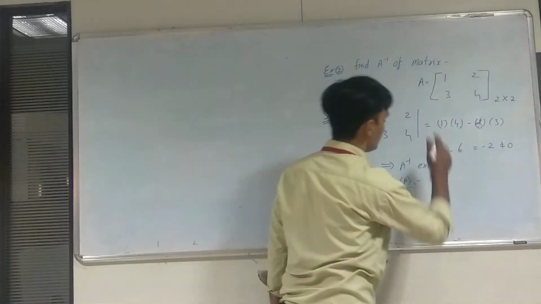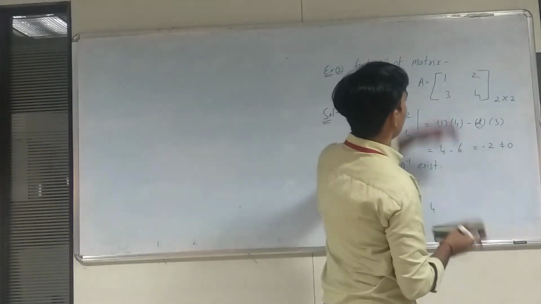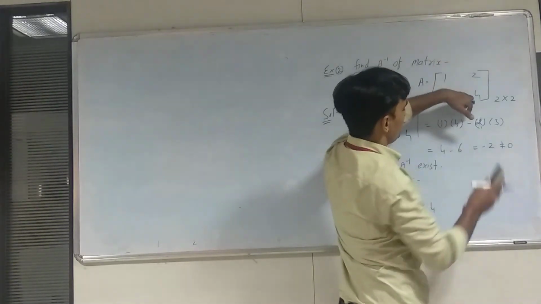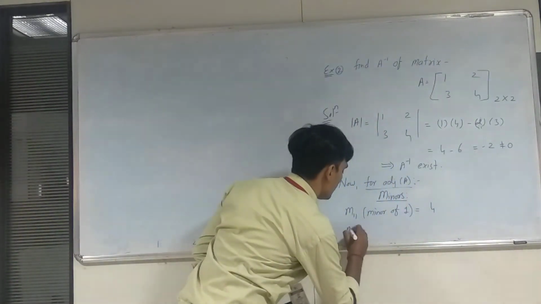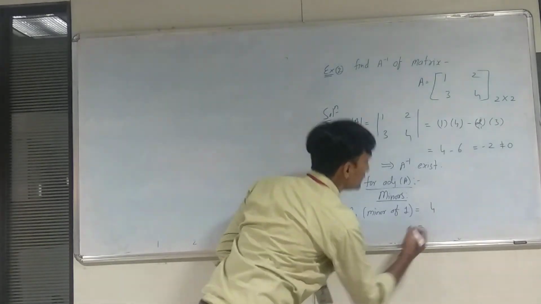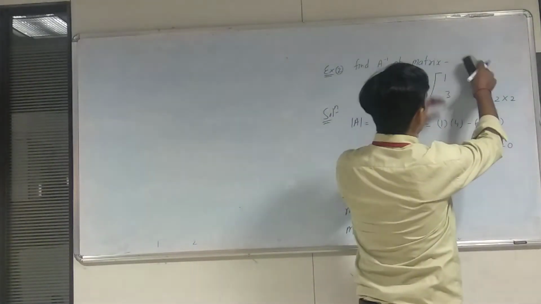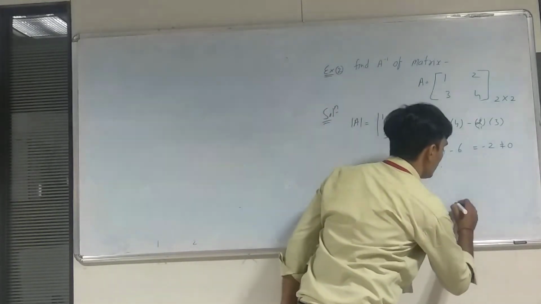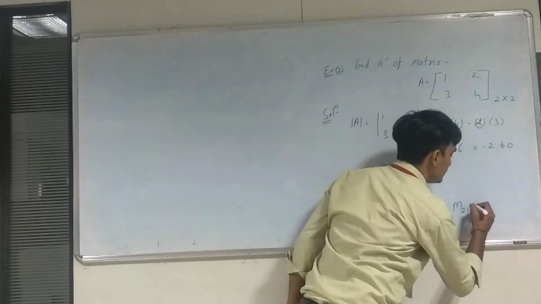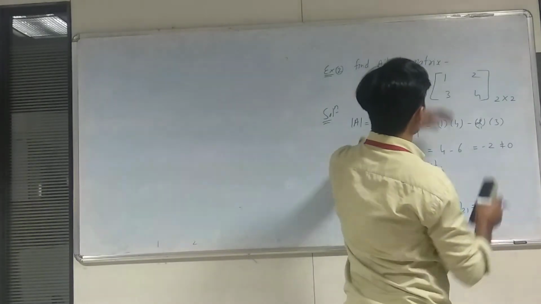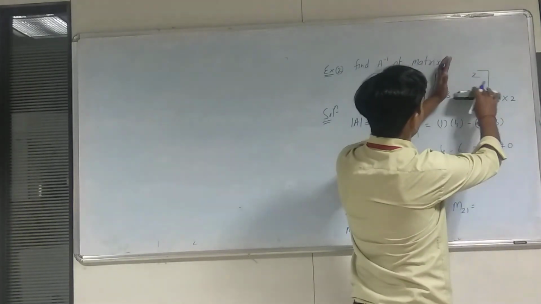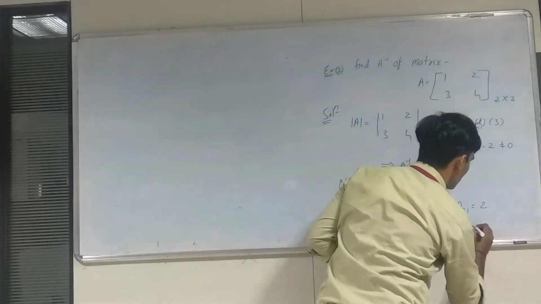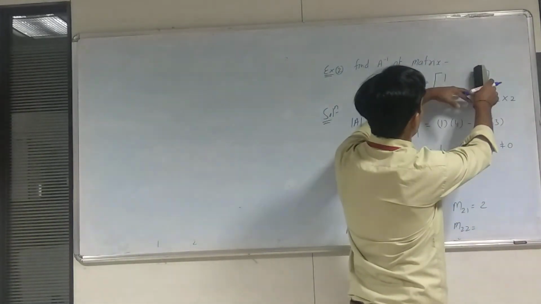So it is 4. So you have to neglect first row, first column. So the rest is your minor. So it is 4. M12. It is first row, second column. So it is 3. Same way, M21. It is second row, first column. So it is 2. M22. Second row, second column. So it is 1.